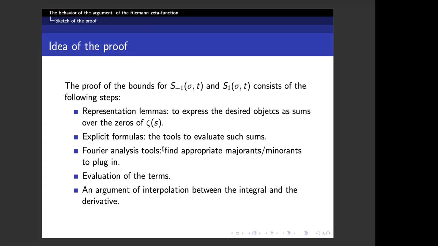But we will see that there is a problem in using these explicit formulas, so we need to go to Fourier analysis to find special functions called majorants and minorants, and use the explicit formula with these terms, and we can obtain bounds for S minus and S1. And using an argument of interpolation, we can obtain information about S.